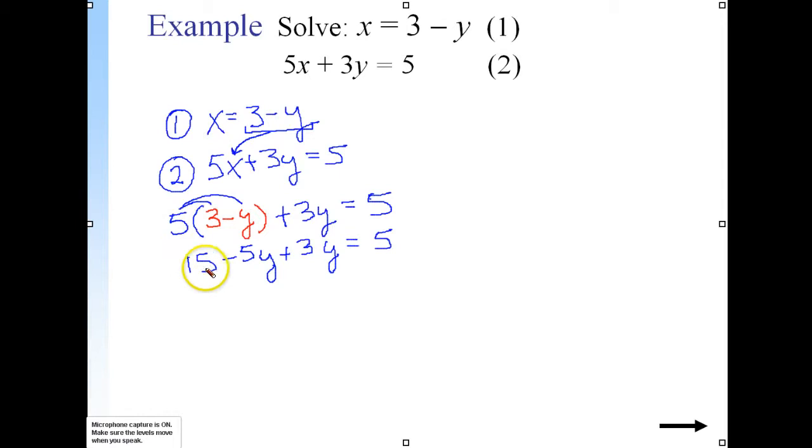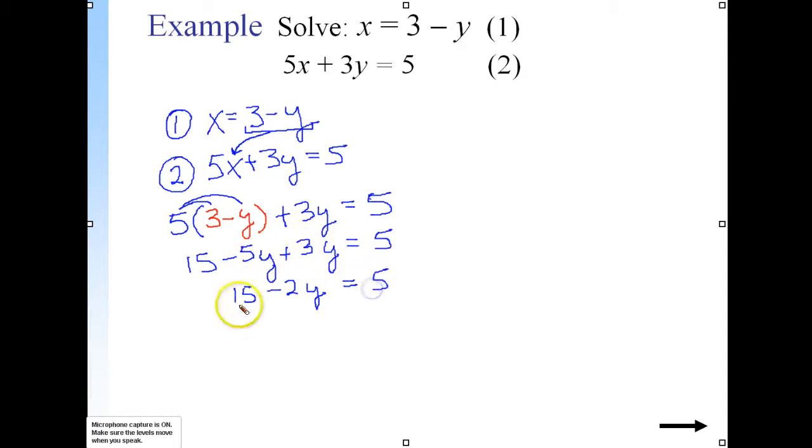This is 15. This is a negative 5y, I should say, plus 3y equals 5. I'm going to group like terms. 15 minus 2y equals 5.